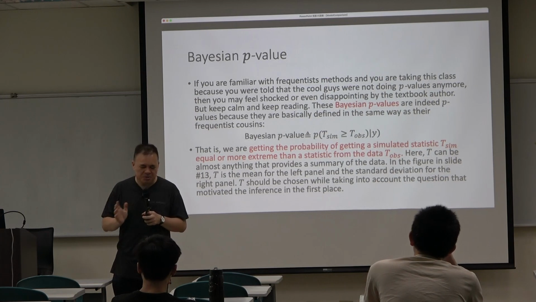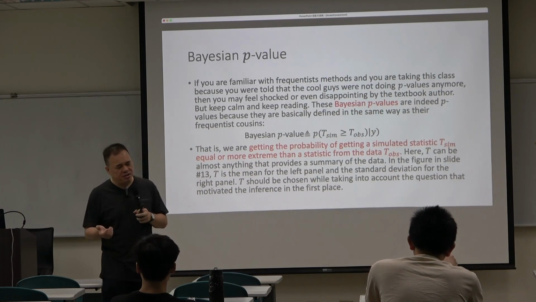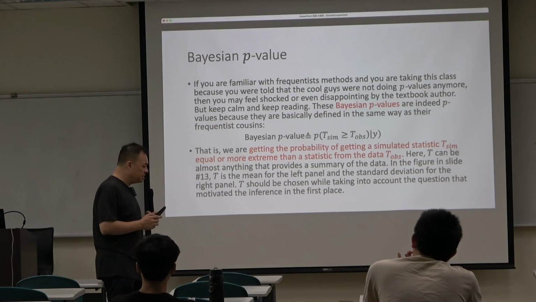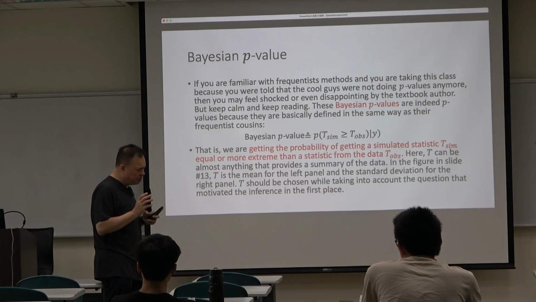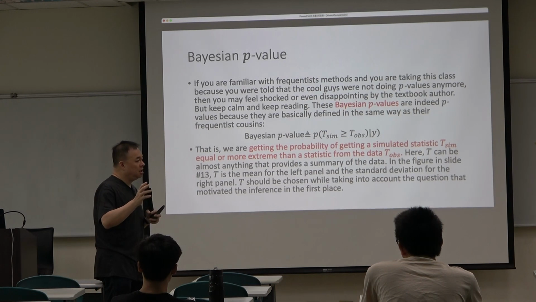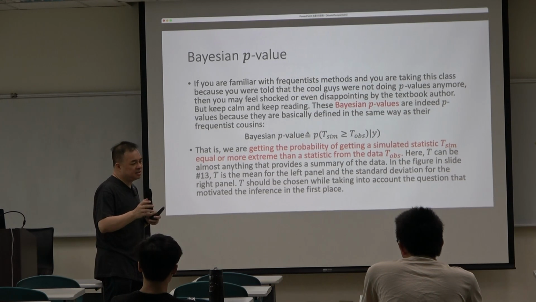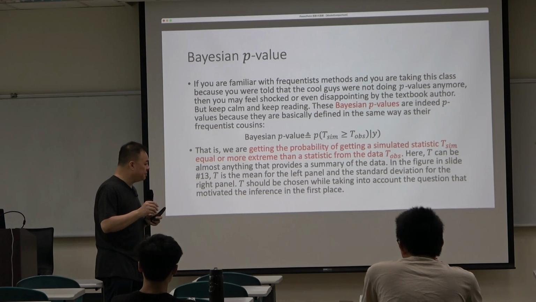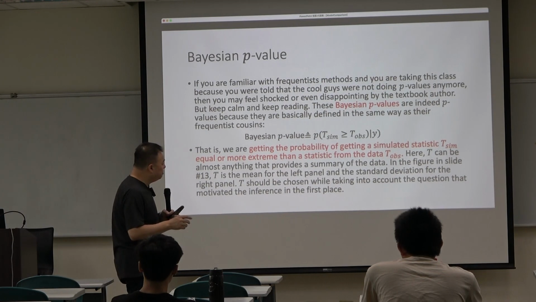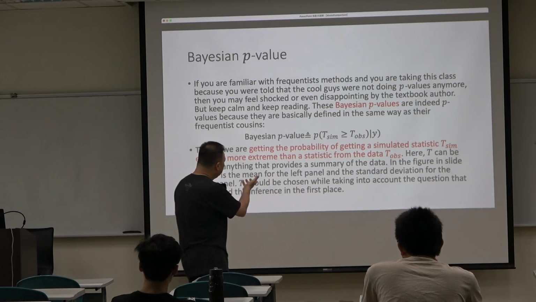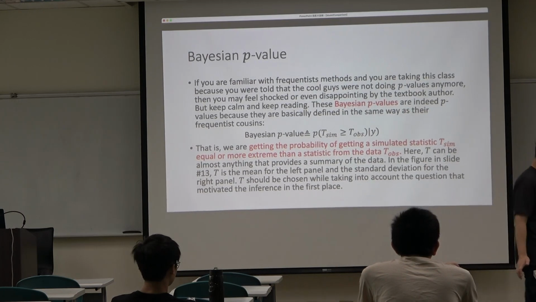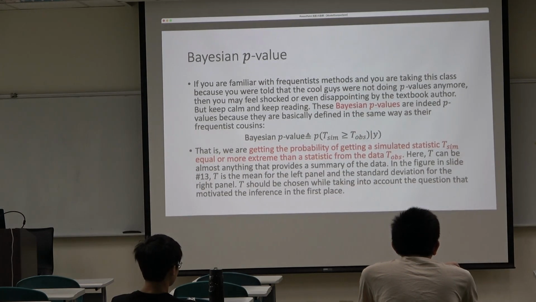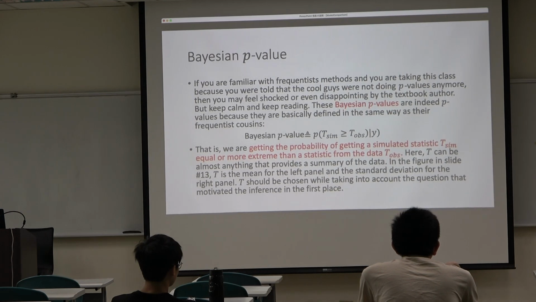Of course they will argue differently, but from the Bayesian perspective, the frequentists' biggest problem is that they use the p-value and the null hypothesis test. So how come we are also using the p-value here? What's the difference?